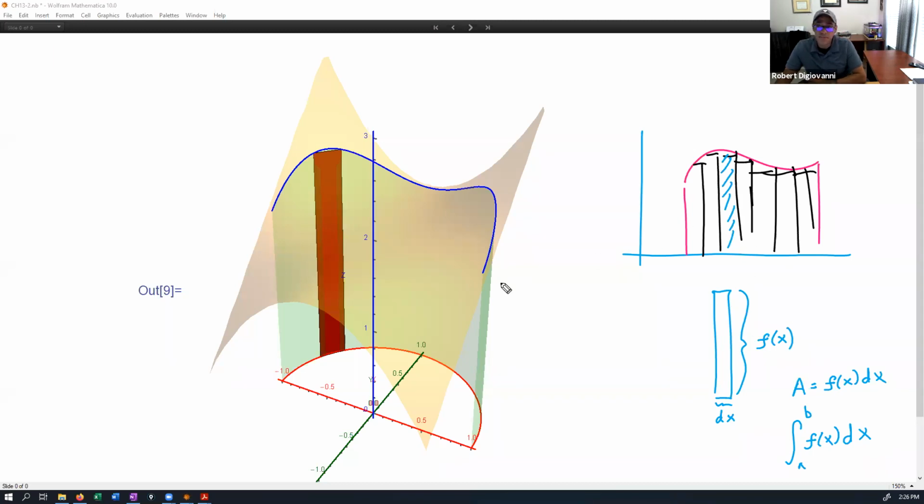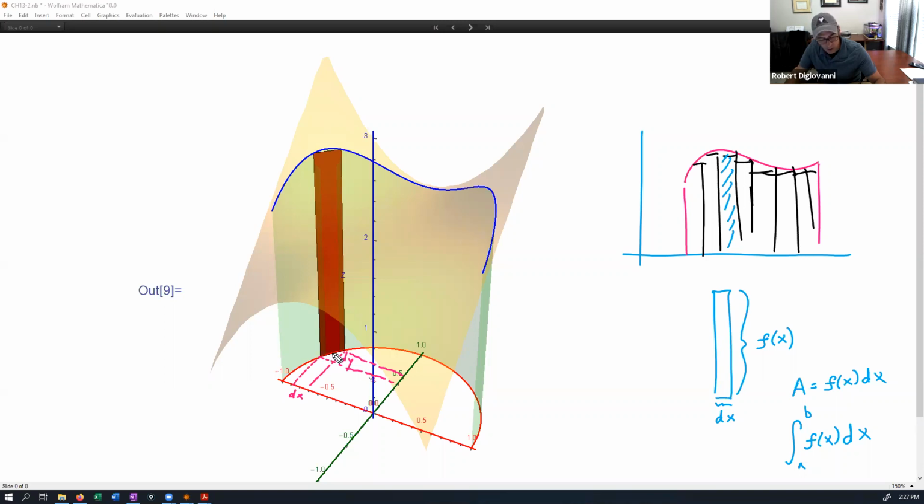For us, we want to do the same thing. The difference is that we don't have a straight line segment here anymore. So what happens is on the ground, this is the dx, this is dy.